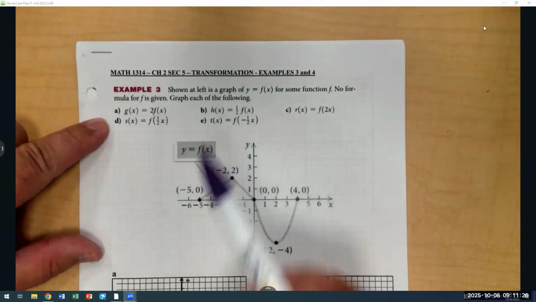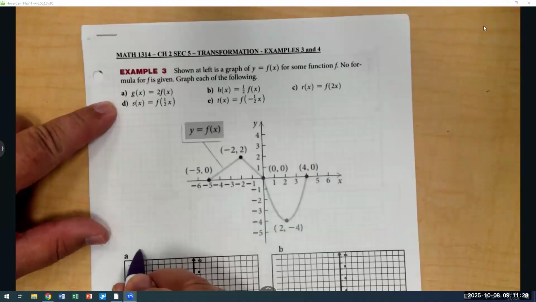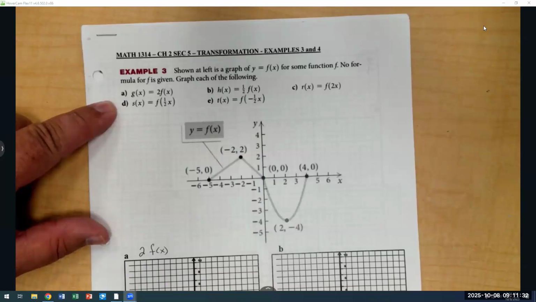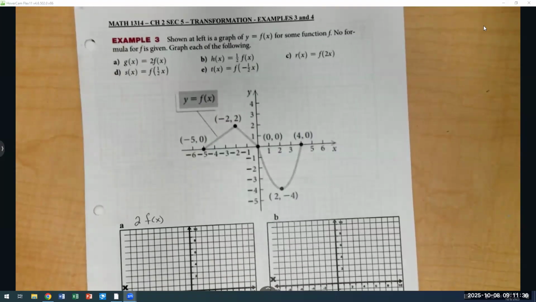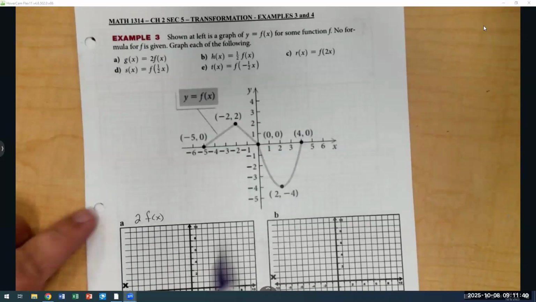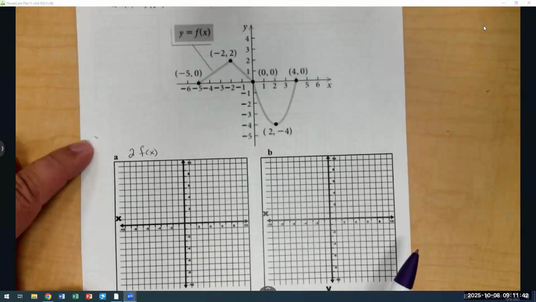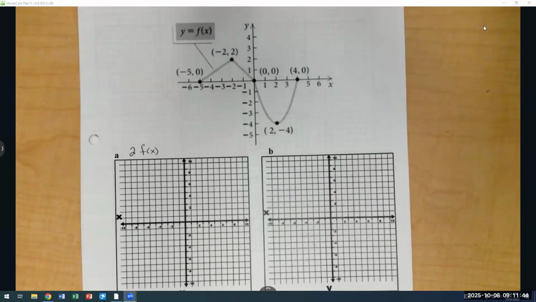So A, the first one we have here, we want 2f of x. So what does that tell us to do? If it's 2f of x, what does it do to our graph? What values does it change in our graph? The y values.